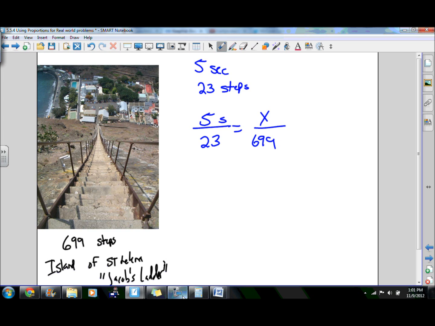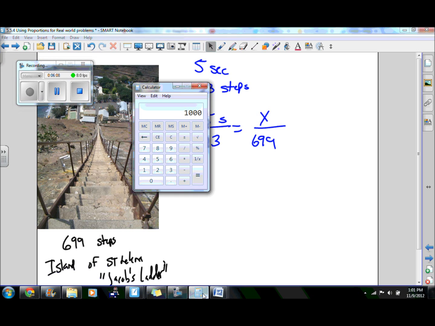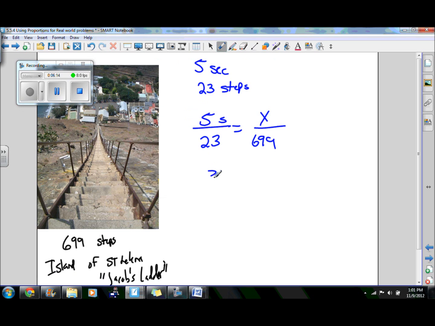And we do our simple multiplication. So we got 3495 is equal to 23x. We divide by 23 on both sides.